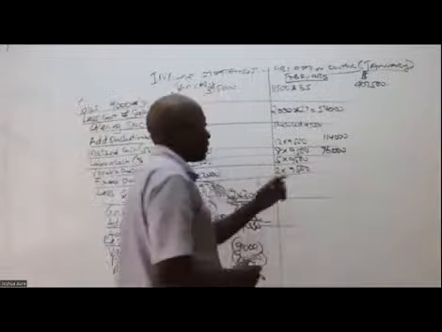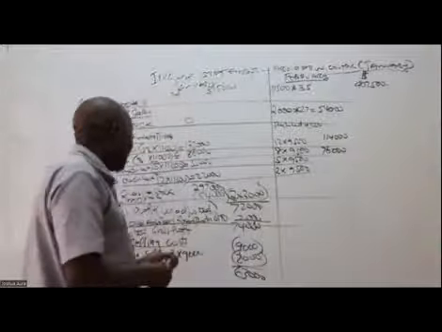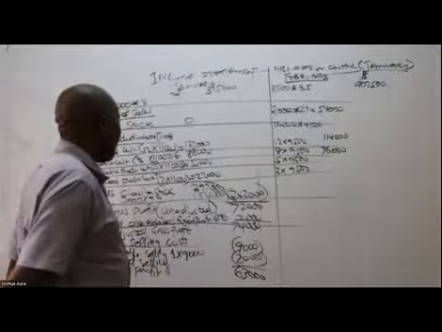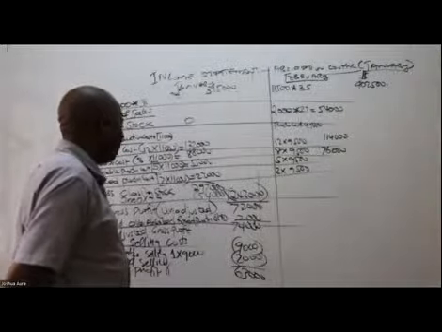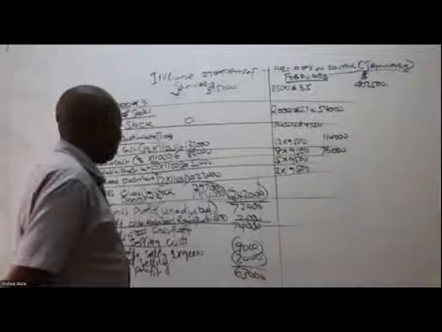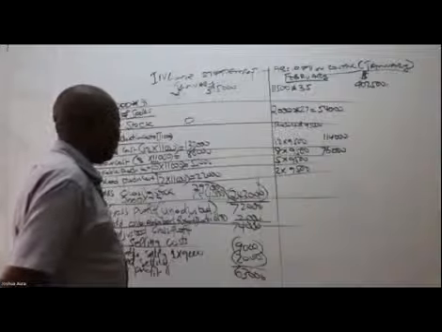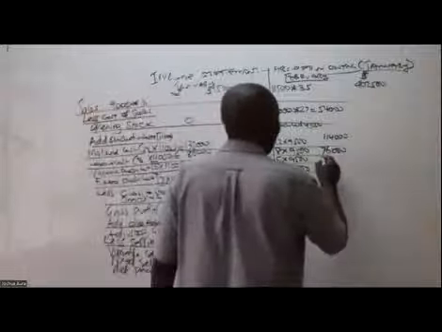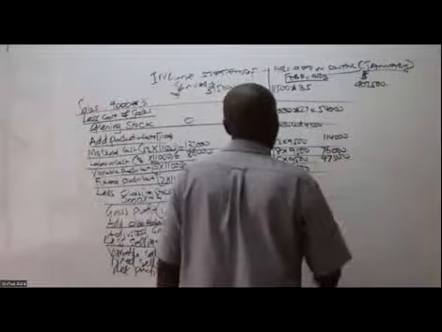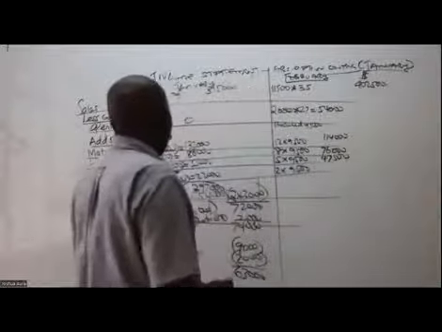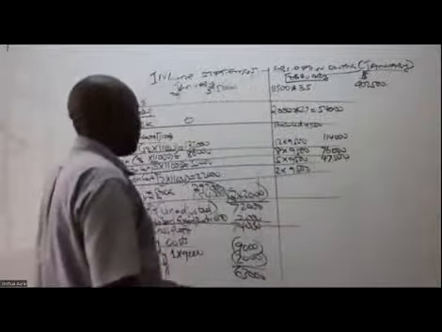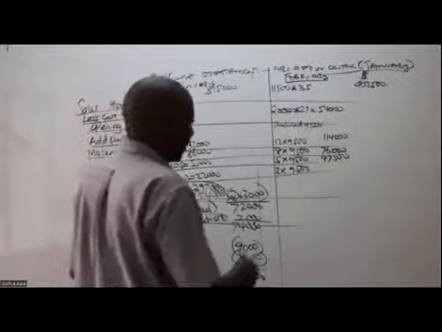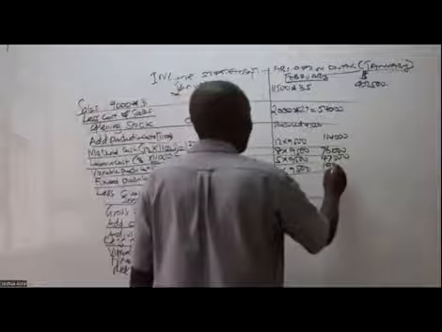Then we have 5 times 9,500, which is 47,500, and then 2 times 9,500, which gives me 19,000. Thank you so much.